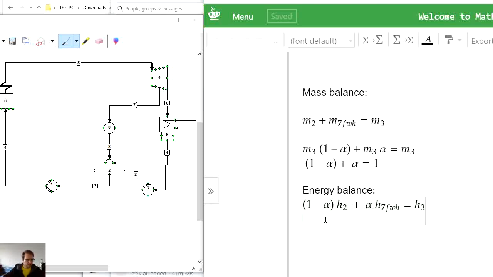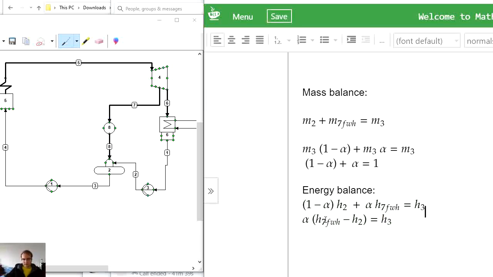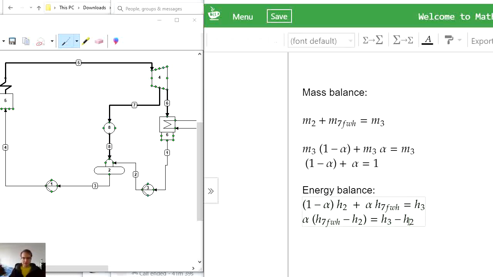So we can write that alpha times H7 feedwater heater minus H2 is H3 minus H2.